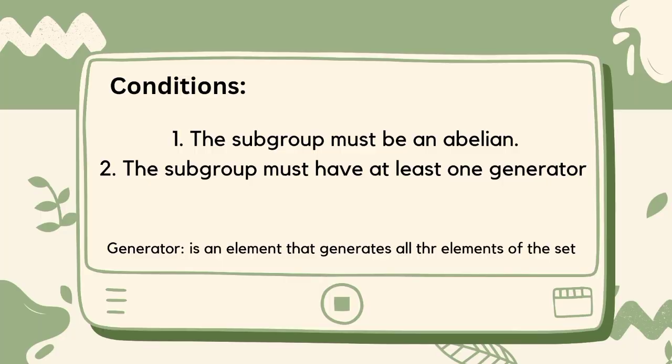To classify whether a subgroup is a cyclic subgroup, we need to satisfy the given conditions. The first one is the subgroup must be abelian. Number 2, it must have at least one generator. When we say generator, it is an element that generates all the elements of the set.